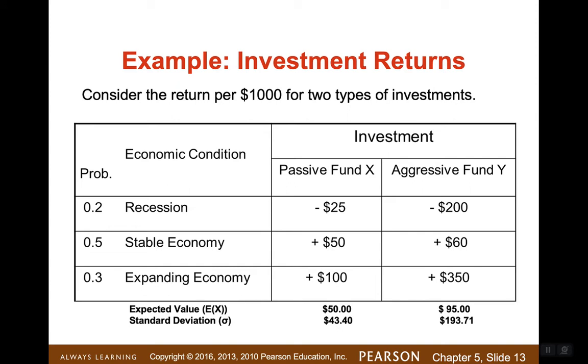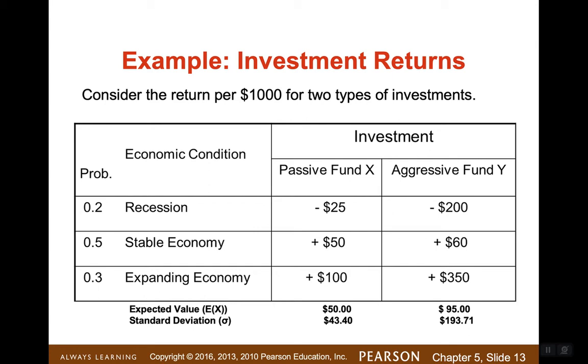The standard deviation, as we said, is basically an estimate of how the data is spread. So we would have an expected value of 50, with a deviation of plus or minus 43. That would be for the passive fund.